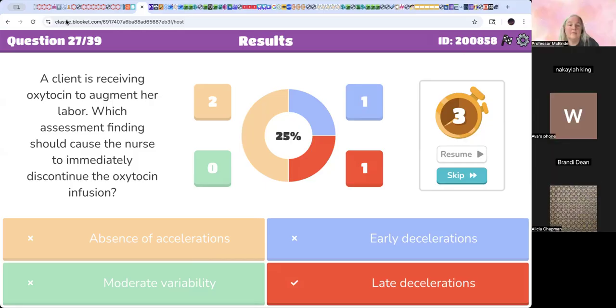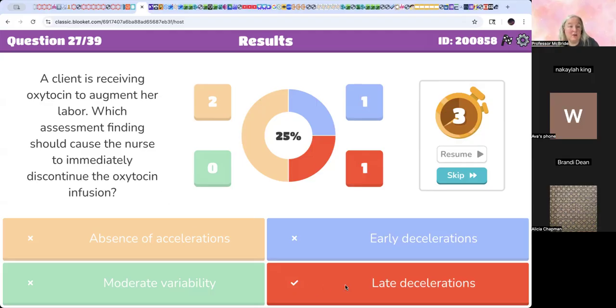Early deceleration should be the H in CHOP. The H. Oh yeah, it's head positioning, head compression. Good. Head compression, and Rachel also has that in the chat. So head compression would be early decelerations. Is that a concerning thing? No, it's okay.